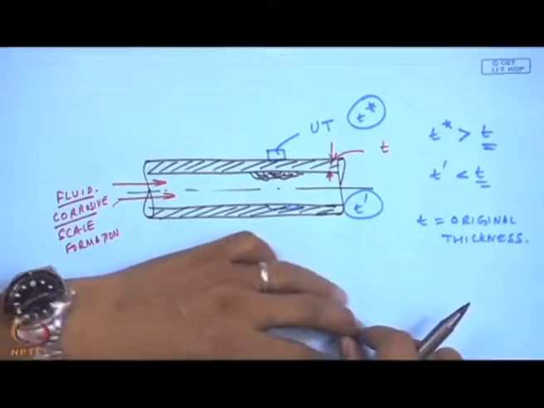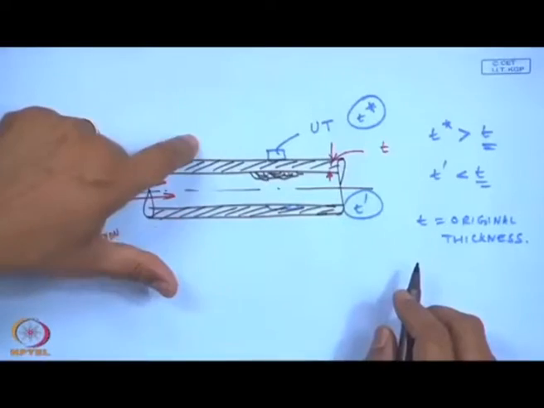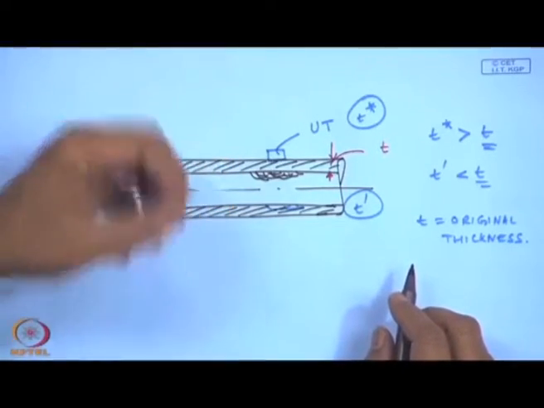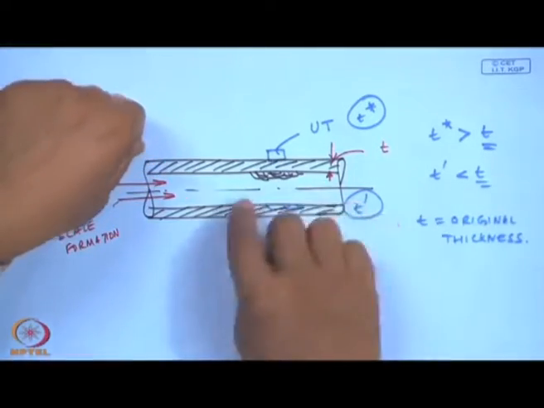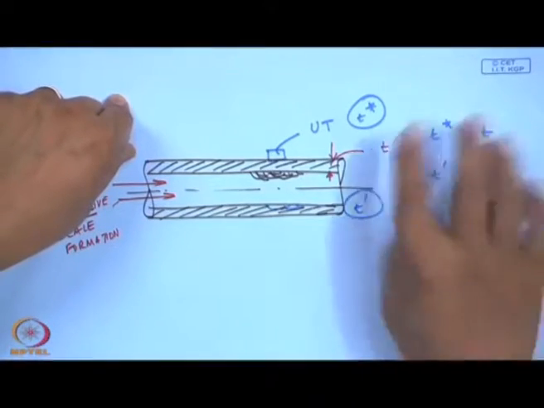So, these kinds of probes are used for measuring the thicknesses of pipes in chemical plants, process plants. Over the years, you would not know from the outside whether the pipe has certain deposits in the form of scale, or has corroded to a certain thickness. So, if you do regular scanning with an ultrasonic probe along the length of the pipe, you can see whether thickness variations are there.